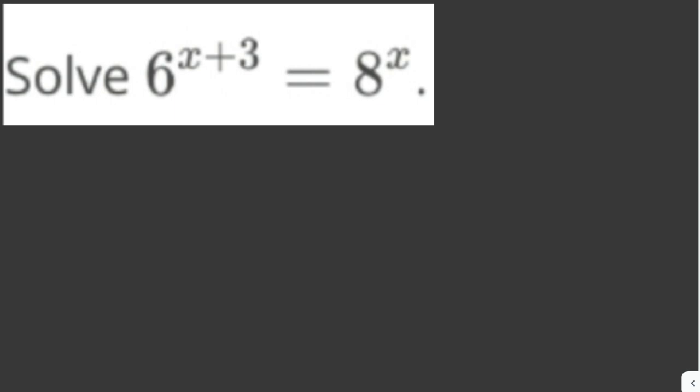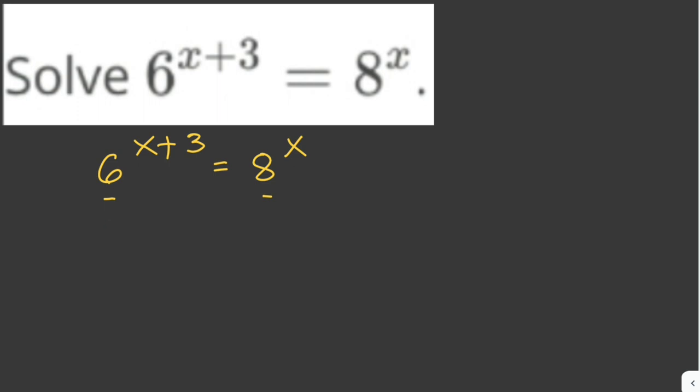Solve 6 to the x plus 3 equals 8 to the x. Again, by looking at the bases here, 6 and 8, we cannot reduce them to make both sides have the same base. So again, we can use the natural logarithm here.